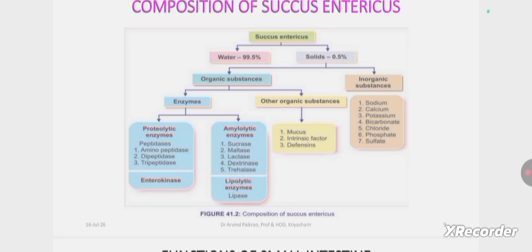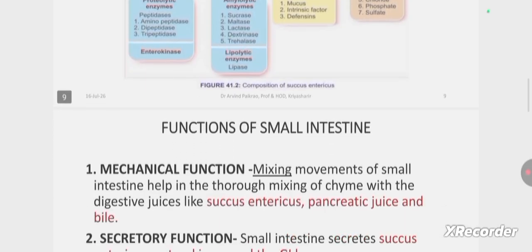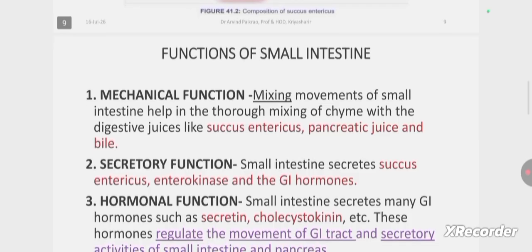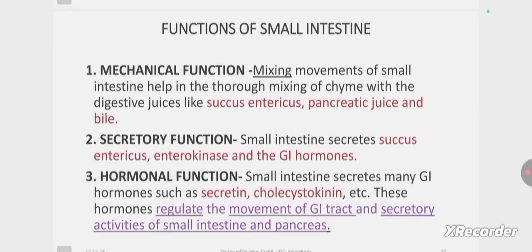Then the amylolytic enzymes: sucrase, maltase, lactase, dextrinase and trehalase. These work on carbohydrates, for their digestion. Then the lipolytic enzymes, which digest lipids.